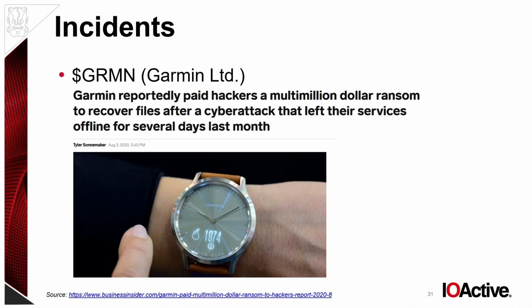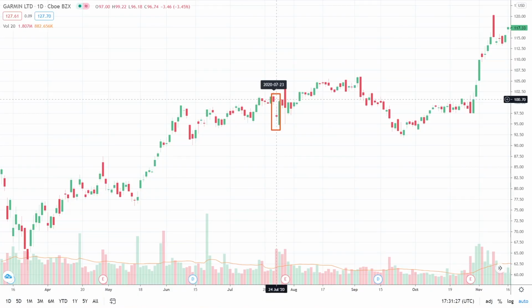Most recently, for instance, Garmin, last year, apparently paid multi-million dollars to the attackers because they injected ransomware. Also, they had their services offline for several days. There were many people on Twitter, on social media, reporting problems with their watches.